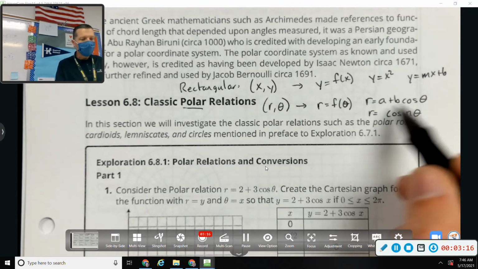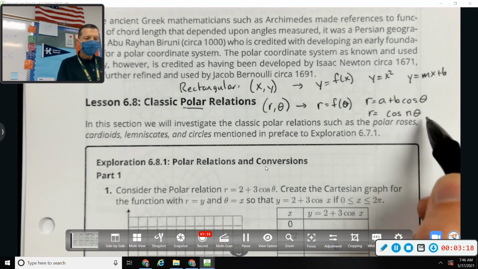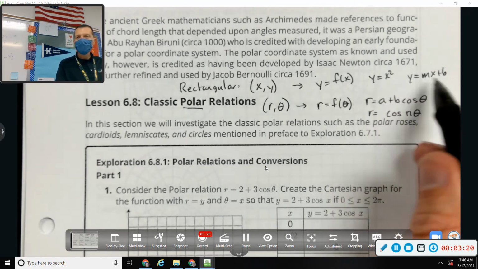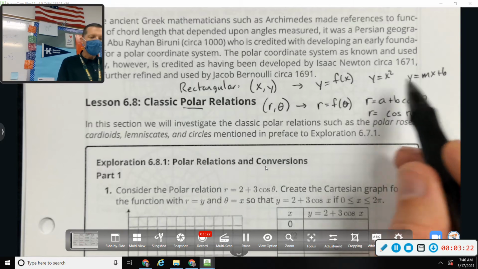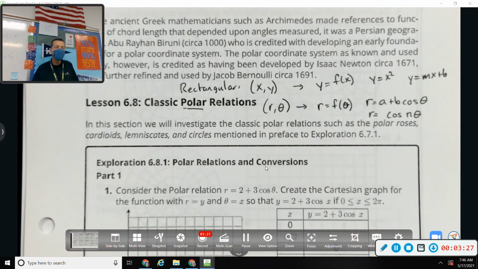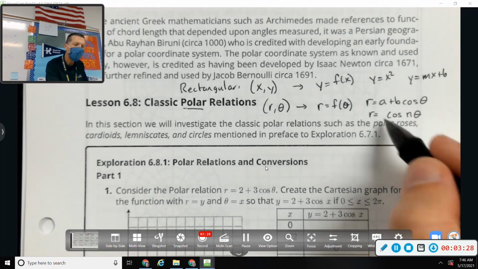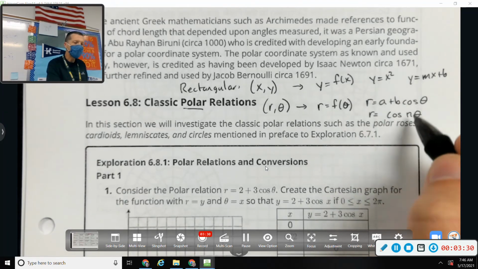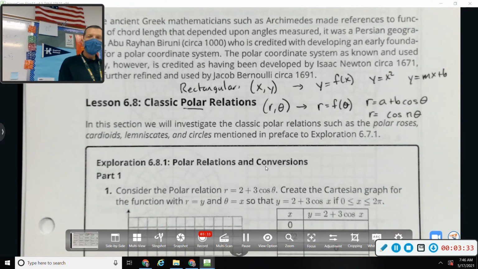And then you'd fill in some details to get the exact graph, just like you would here. You'd have to know a little bit more to find the parabola or the line, but you got the basic idea. So that's what today is, to get to the point where you know, or at least recognize with notes, what some of the parent functions are in polar.